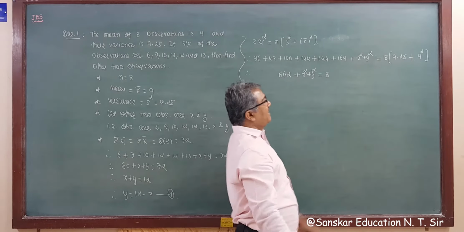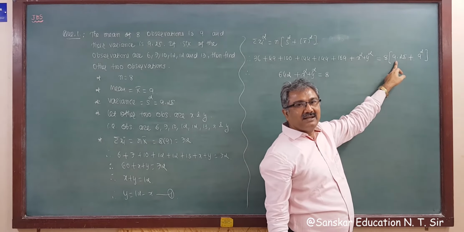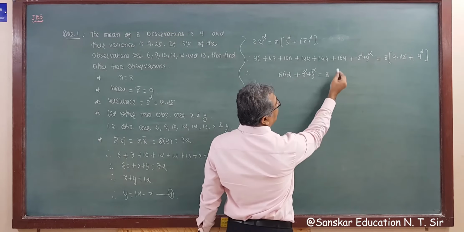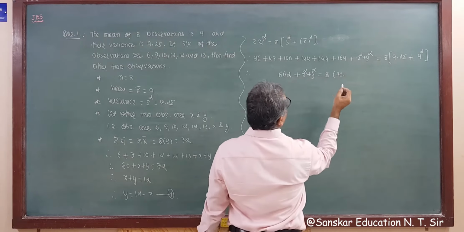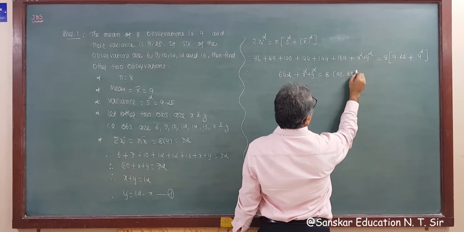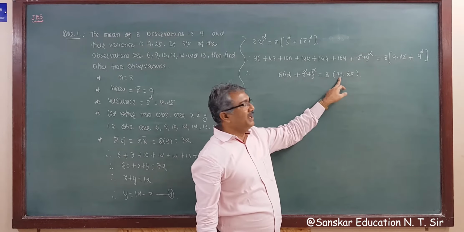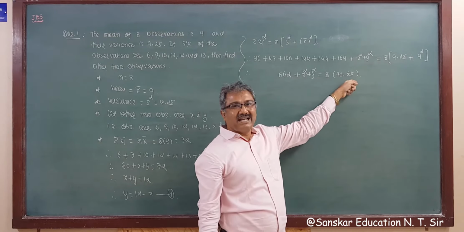8, and this is 9 square is 81, 81 plus 9.25, that is 90.25. So this is 8 times 90.25, right? So now 9 into 8, 72, and 25 into 8 is 2.